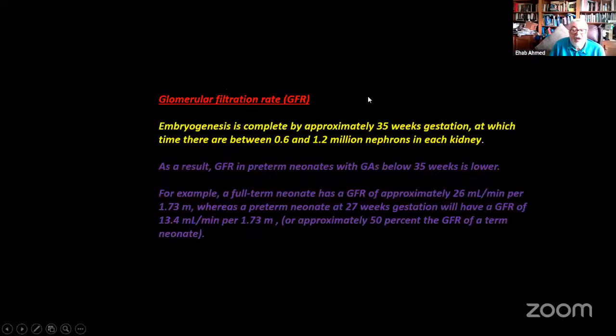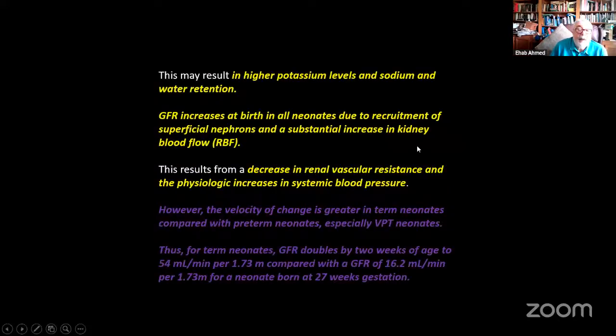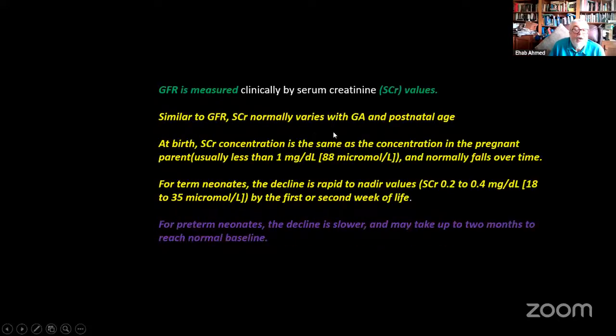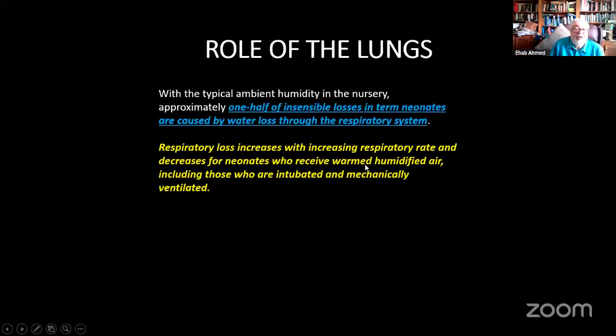Glomerular filtration rate is low, especially in the preterm baby. And it's measured by the creatinine, which in the first 24 hours is a reflection of the maternal creatinine. And after that, it's representative of the baby. And each age has its own value of creatinine.